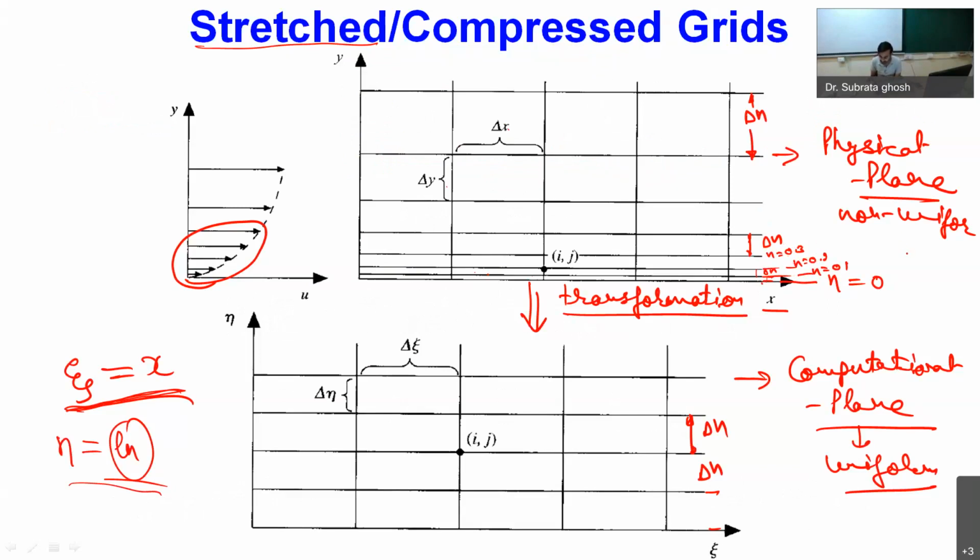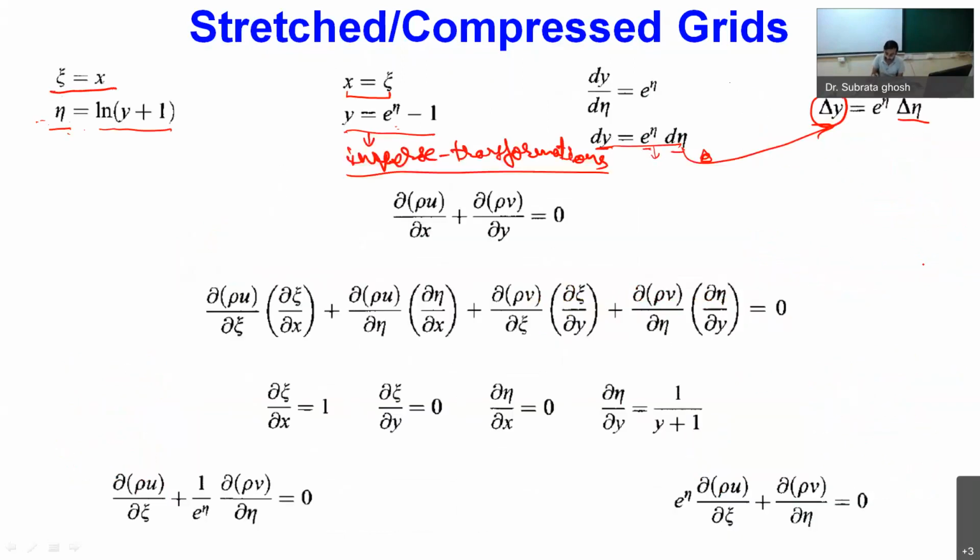This results in an increase of e to the eta, and the e to the eta multiplier is applied to the constant distance delta eta, because between these different constant eta lines we have the same spacing. So when this pre-multiplier is applied, we get amplification in the value of y. That's why delta y becomes e to the eta times delta eta.